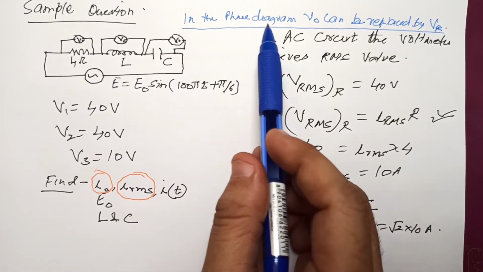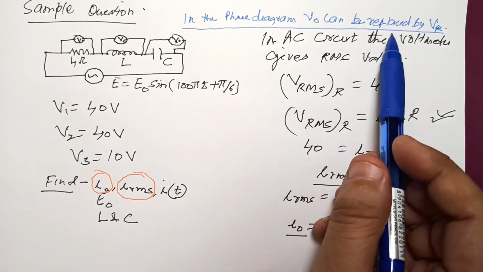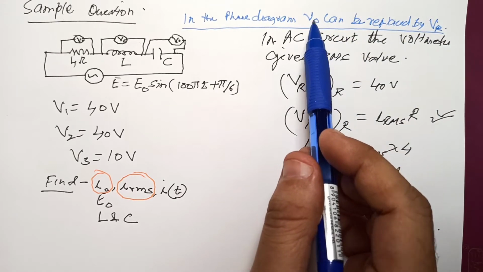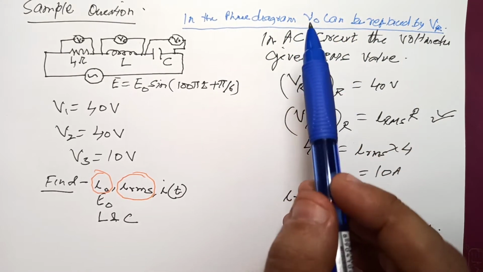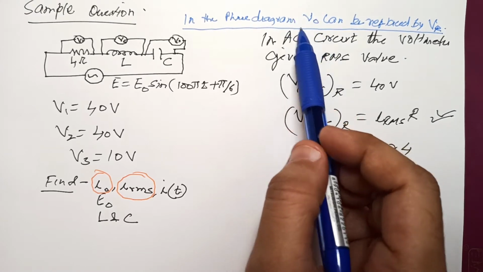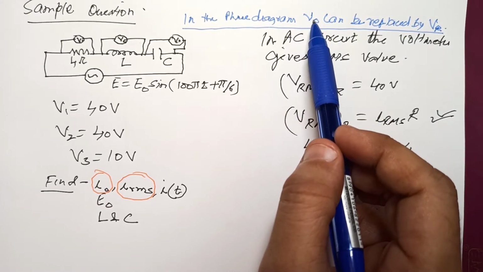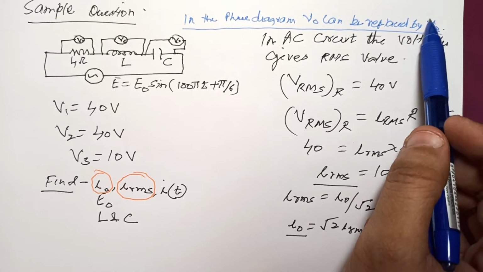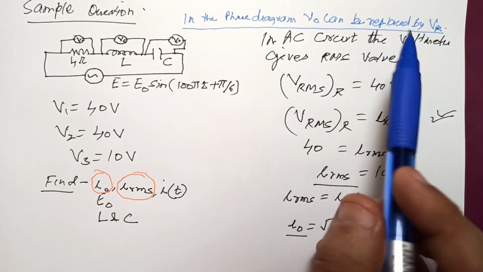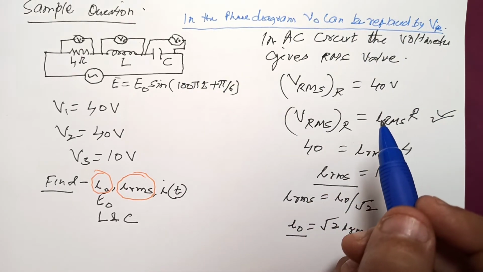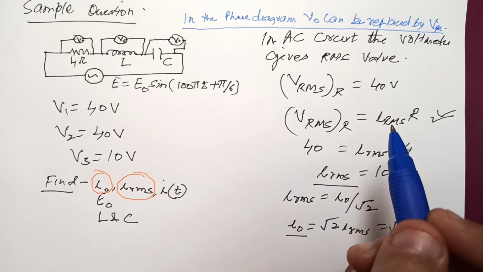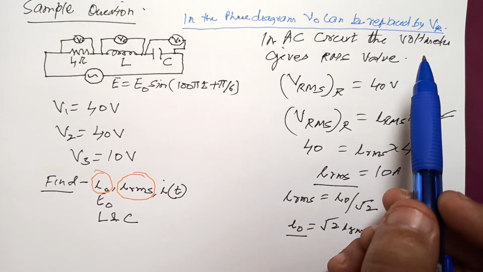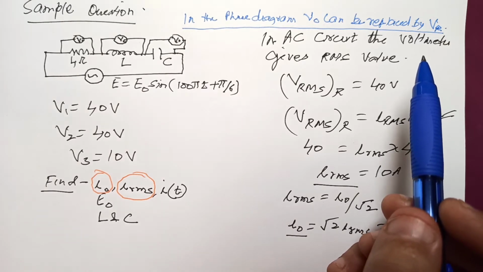In the phasor diagram, V naught can be replaced by VR. What I mean to say is, in the phasor diagram, you can use either peak voltages or RMS voltages. If you use the peak voltages, the result would be the peak. If you use the RMS voltages, the result would be RMS.